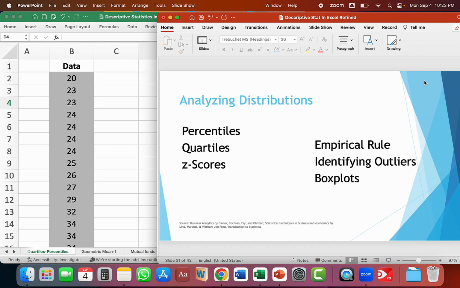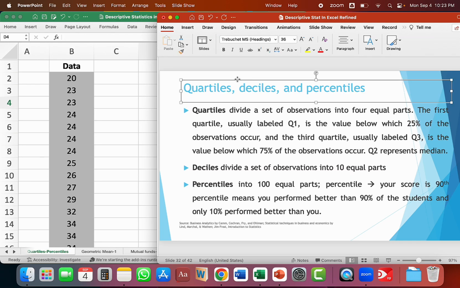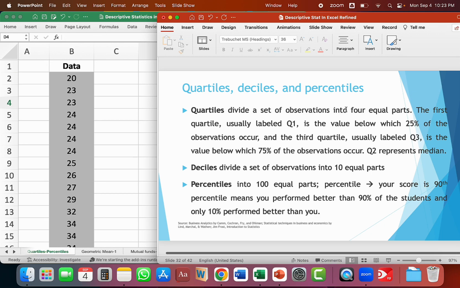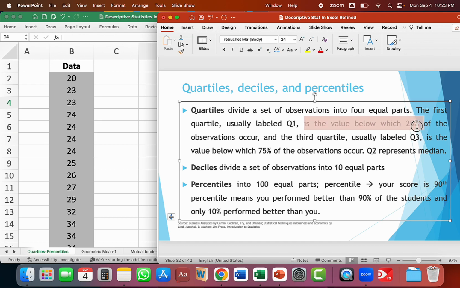In analyzing distributions category, we have percentiles, quartiles, z-scores, and box plot. So first is quartile. The idea of quartile is that we divide the whole data into 4 parts. Quartiles divide a set of observations into 4 equal parts. The first quartile is labeled as Q1, and it contains 25% of the values.